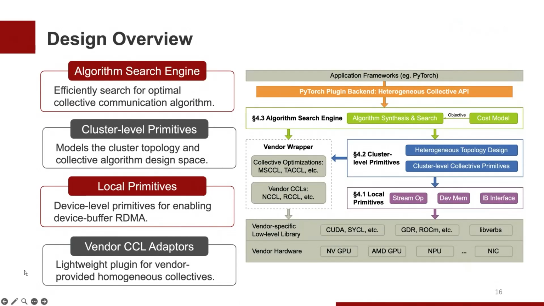On top of this, we have the local primitives, which are the device-level primitives for enabling device buffer RDMA. Then we have the cluster-level primitives, which model the cluster topology and the collective algorithm design space. And finally, at the top, we have the algorithm search engine, which can efficiently search for the optimal collective communication algorithm for an abstract topology.